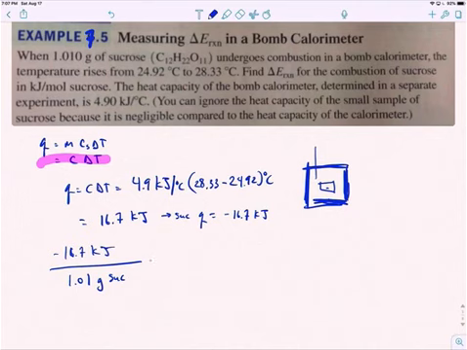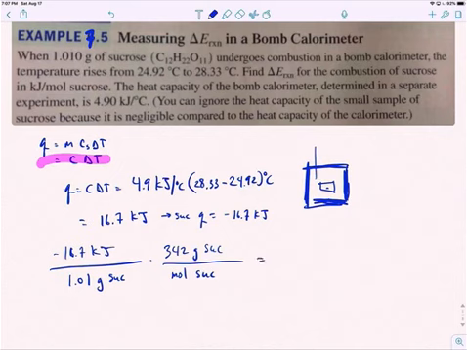So then we have 342 grams of sucrose per mole of sucrose. I have this one memorized, to be honest with you. Glucose is 180 and sucrose is 342. I always remember that. And then this will tell us the answer in kilojoules per mole.